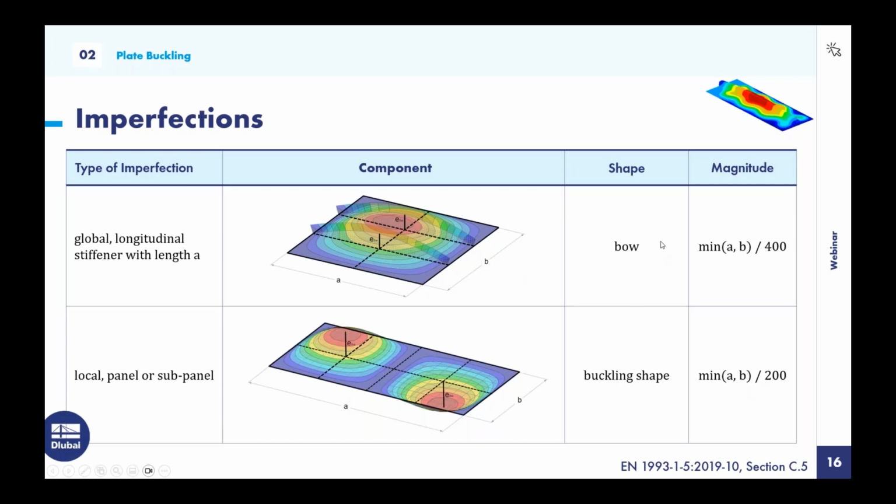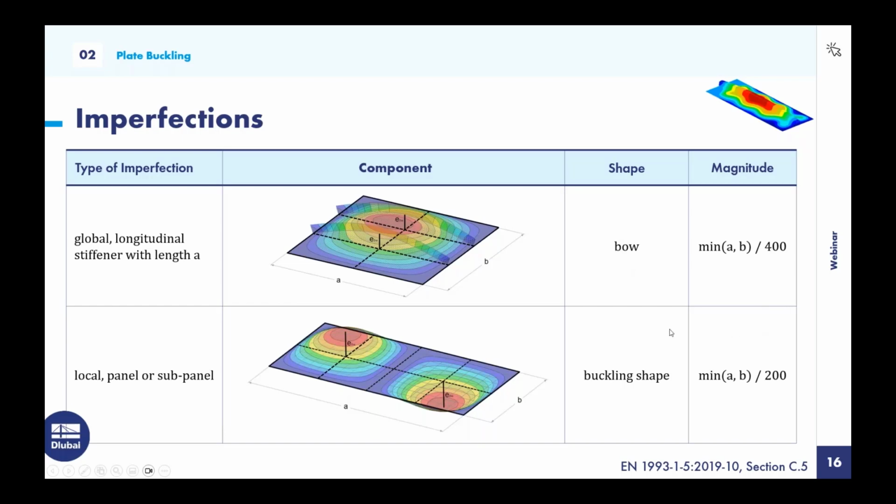Although for the global imperfection, it says a bow type imperfection should be used, it's quite common to use a buckling shape affine imperfection for the global imperfection type as well, as long as a buckling shape can be found that is affine to this bow shape.